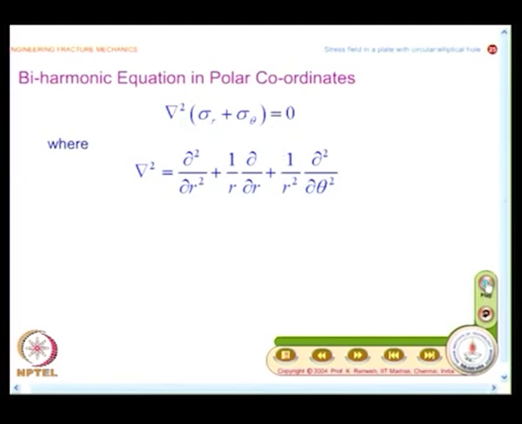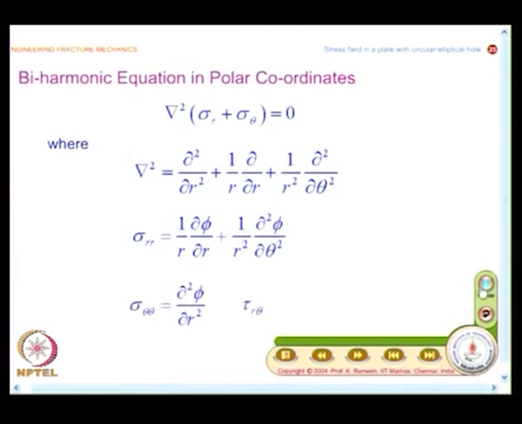Another reason why I cover polar coordinates is, in fact, for many problems of common interest you find the solution from the polar coordinate system. The moment you define what is phi, the expressions for sigma r, sigma theta theta and tau r theta are specified like this.